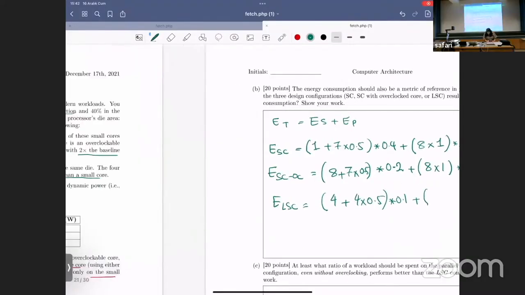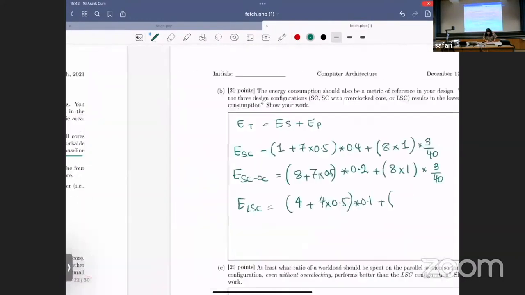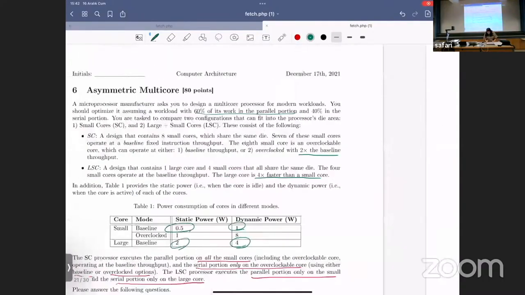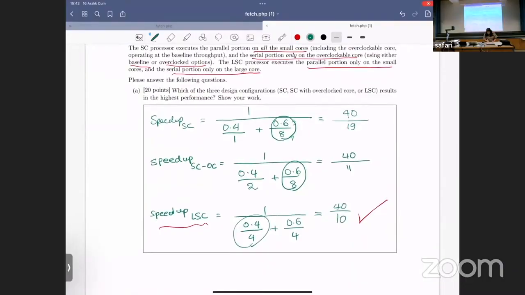And here, when it is static 2 plus those 4 cores being active, those 4 cores use 1, and the time they take is this.